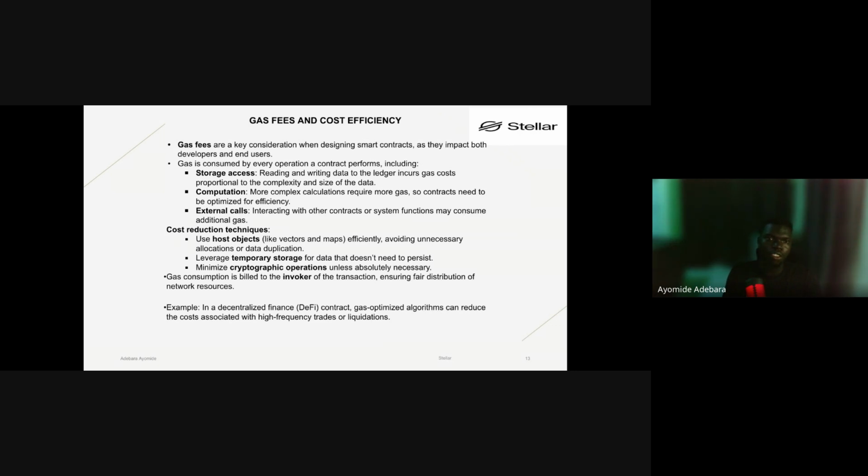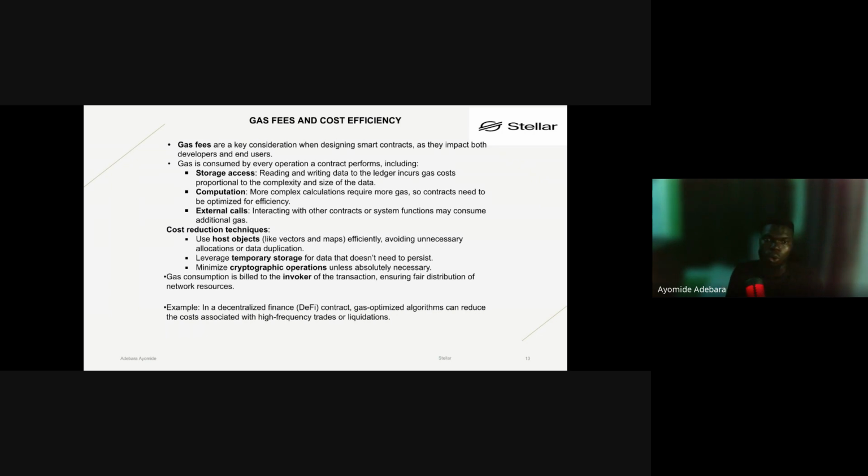Like I made mention of, external calls, that is interacting with other contracts or functions from other contracts, also consume gas. If I write contract A and I am trying to call functions from contract B from contract A, it would definitely incur gas costs. So to avoid using so much gas, one important thing you have to do is optimize your code.